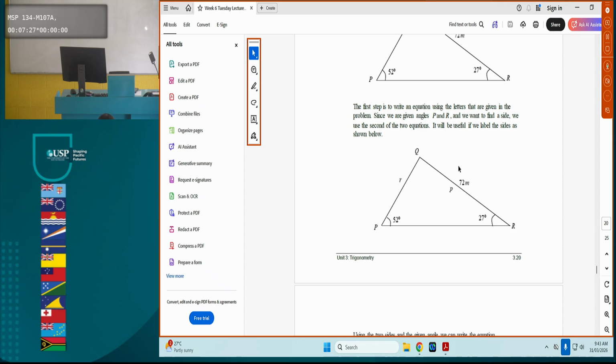P over sine P equals Q over sine Q equals R over sine R. Do we know the value of side P?